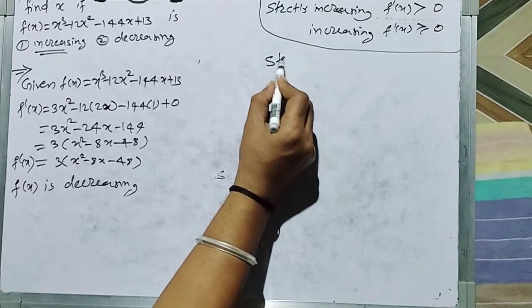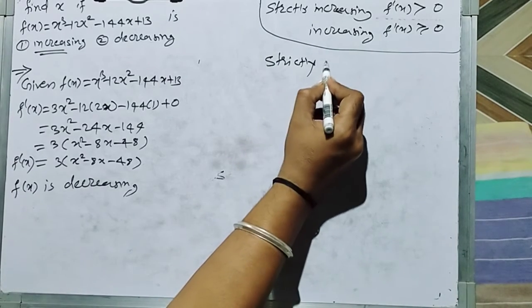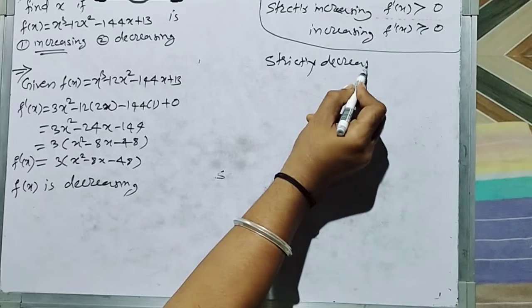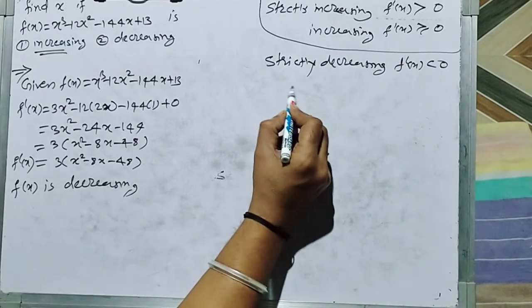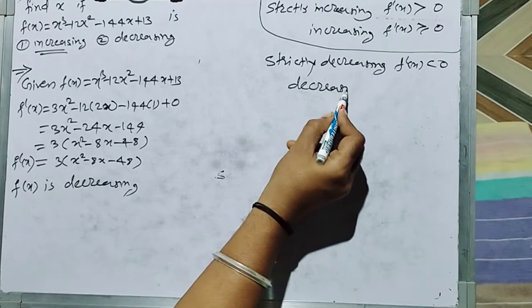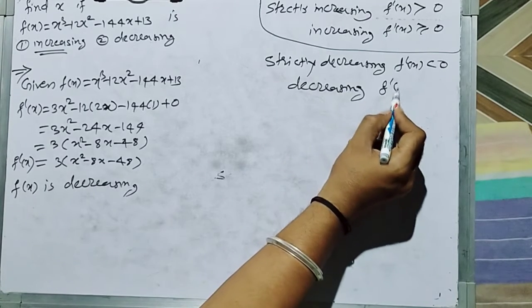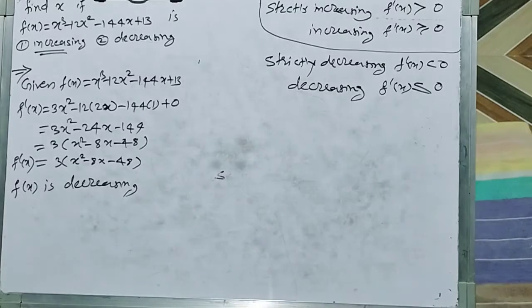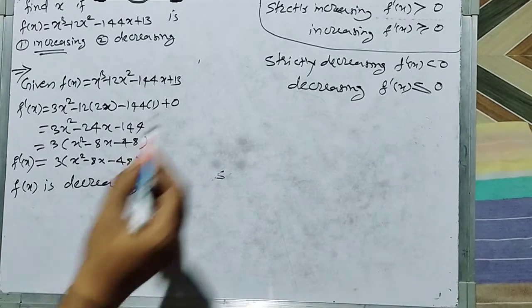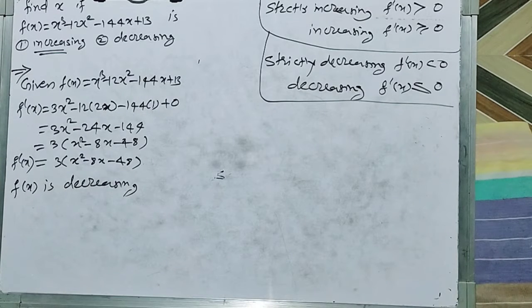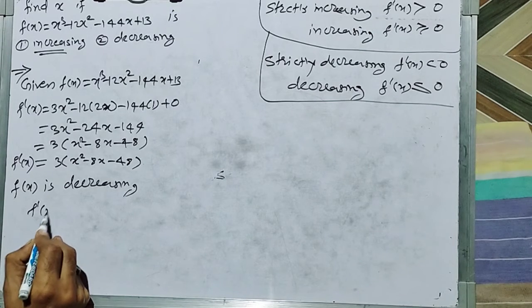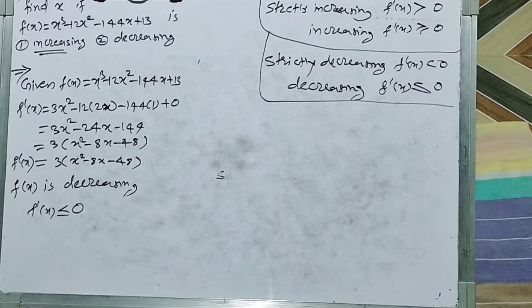Now strictly decreasing means f dash of x is less than 0, and simply decreasing means f dash of x is less than or equals to 0. So this is the difference between increasing and strictly increasing, decreasing and strictly decreasing. So f dash of x is less than or equals to 0.